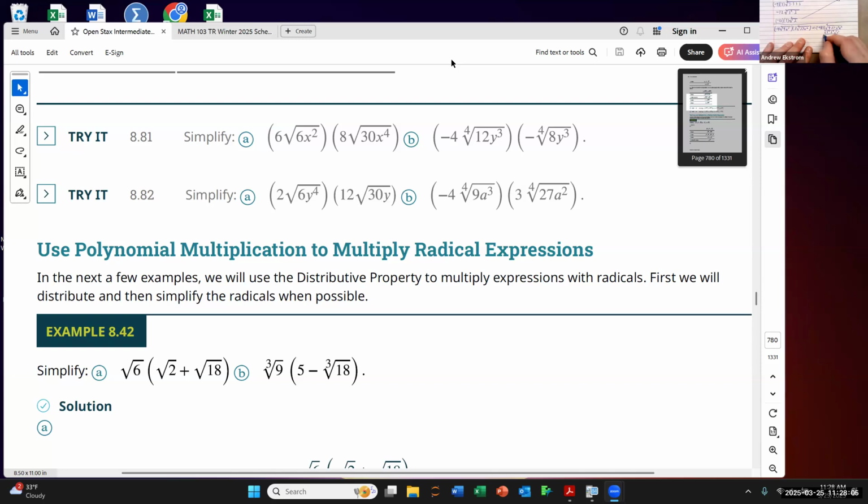So fourth root, follow along one more time: 3 to the 5th, a to the 5th. So fourth root, 3 to the 4th times 3, a to the 4th times a. Fourth root of 3 to the 4th is going to be 3. Fourth root of a to the 4th is going to be a.